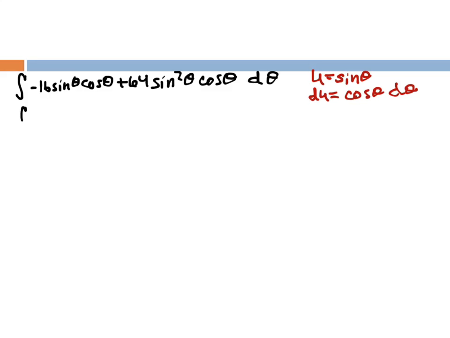So I have the integral of negative 16u plus 64u squared. The cosine thetas are replaced by the du, with the d theta at the end. All right, so the integral of negative 16u would be what?